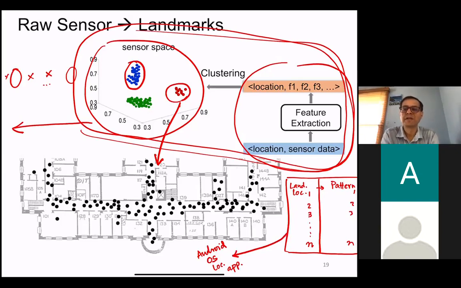Now you go to the shopping mall, and your Android app knows that for this shopping mall you are in, this shopping mall has these n landmarks, and it'll keep looking for those landmarks, for those patterns, right? And once it sees this pattern number 3, it'll say, oh, pattern number 3 corresponds to location XYZ, X3, Y3, Z3, and it'll correct your estimate to X3, Y3, Z3.